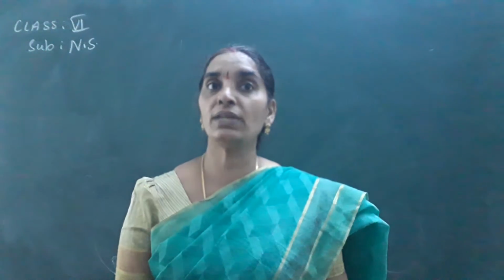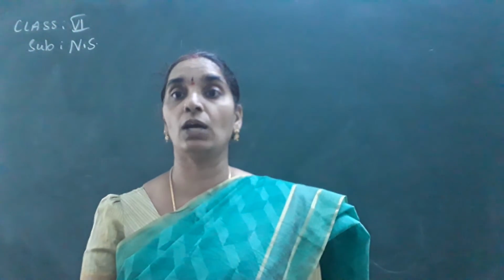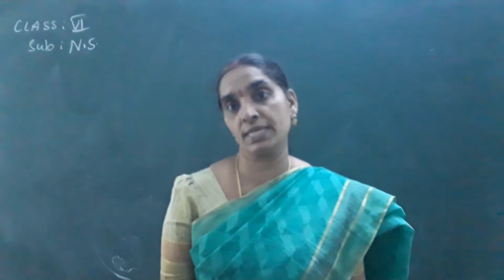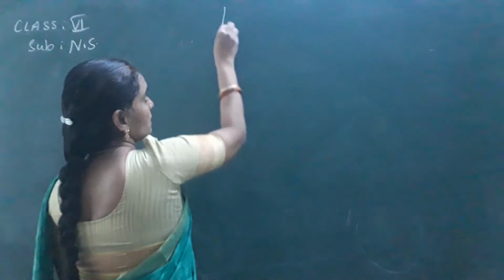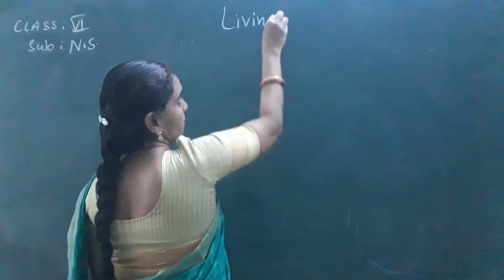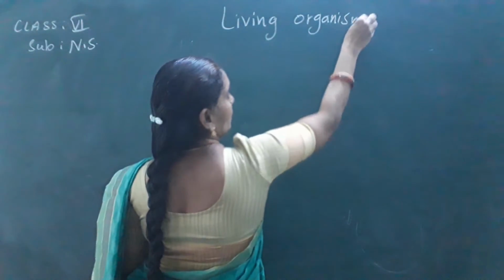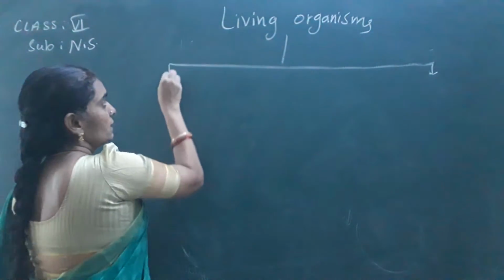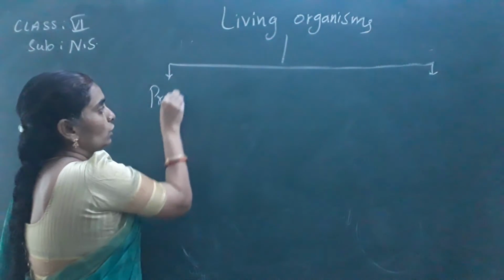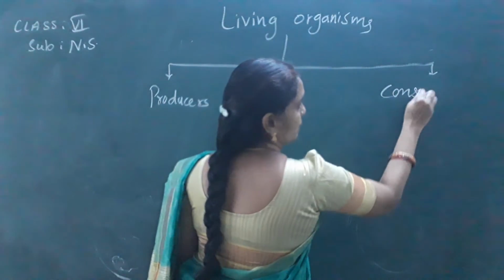You know very well that plants prepare their food by themselves and hence they are called producers. So living organisms are classified into two terms: producers and consumers.